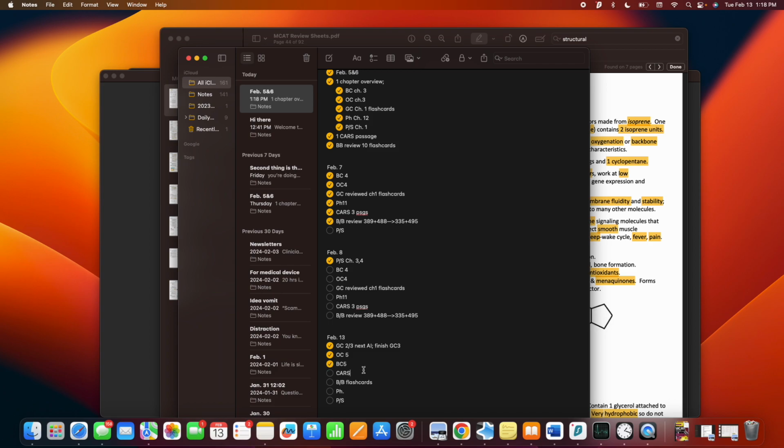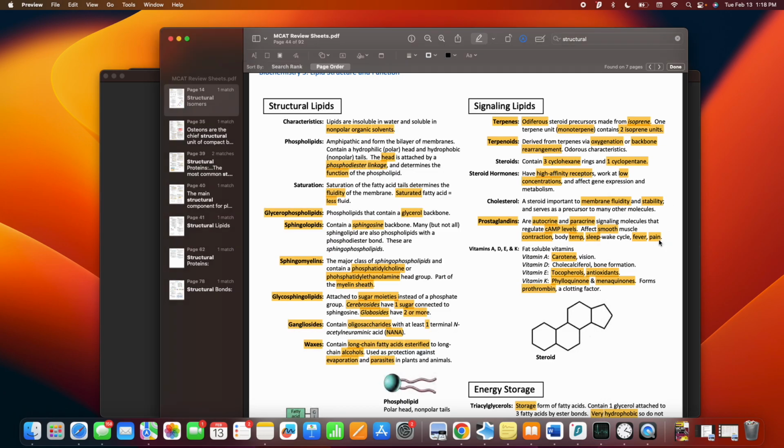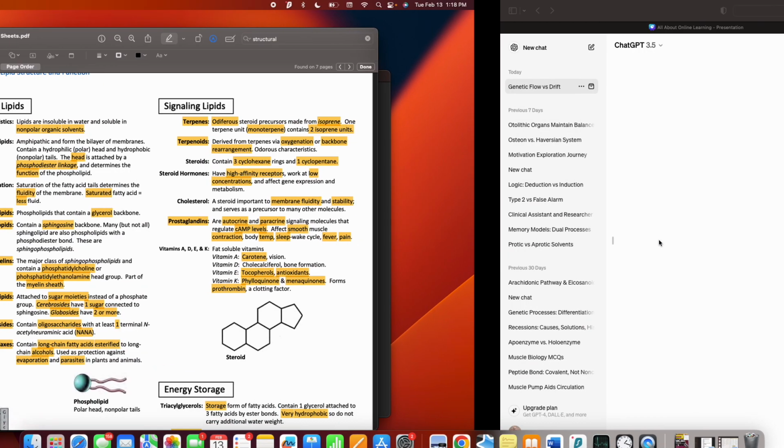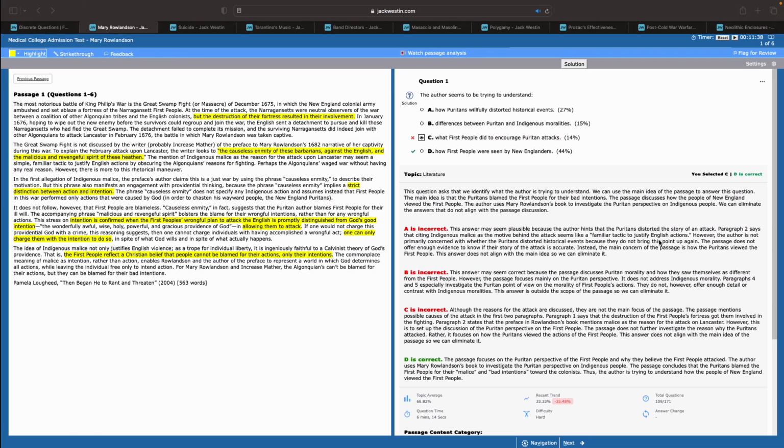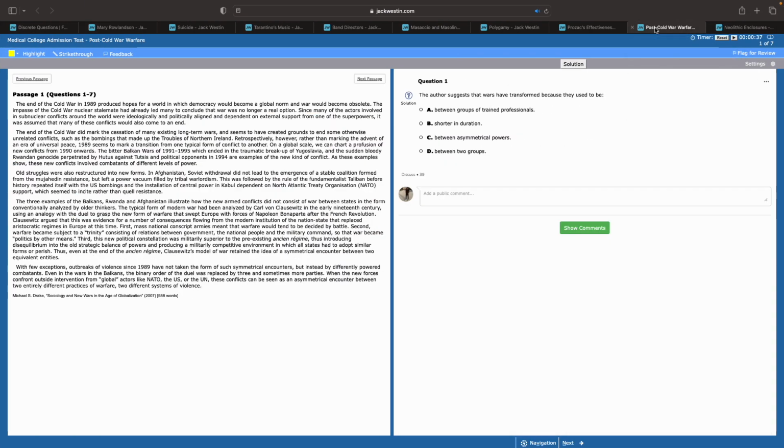Now the cool part, which is the CARS. I'm probably going to do it silent. Or since I've been talking a lot, I might even do this one out loud, but we'll see.